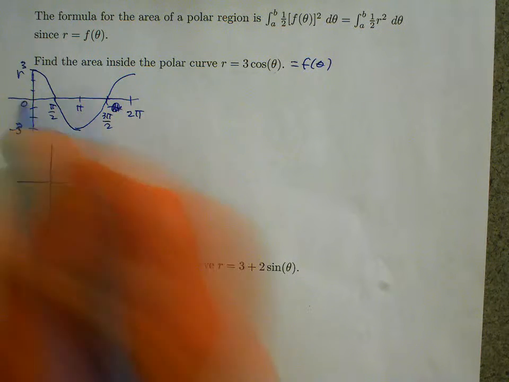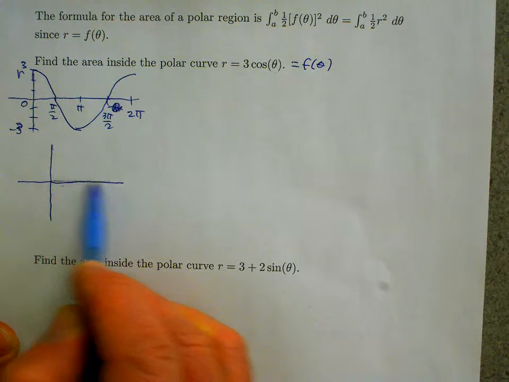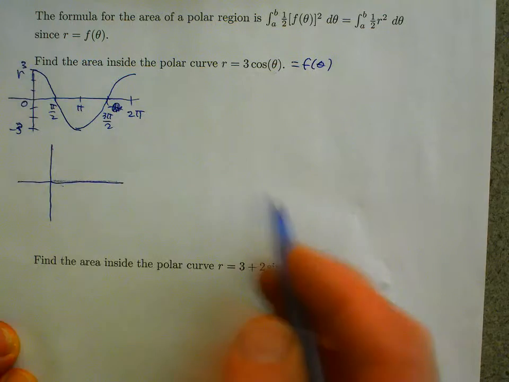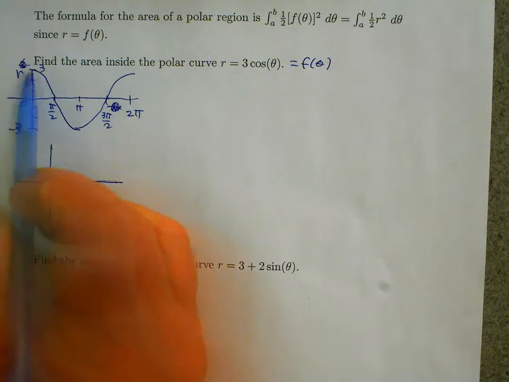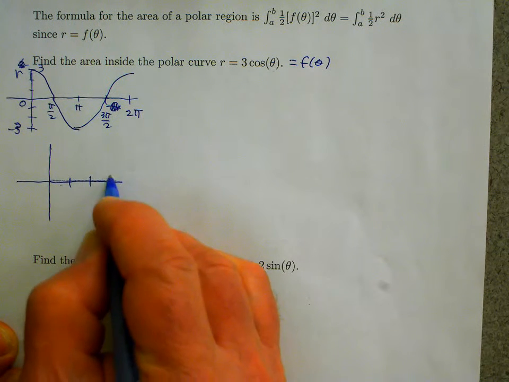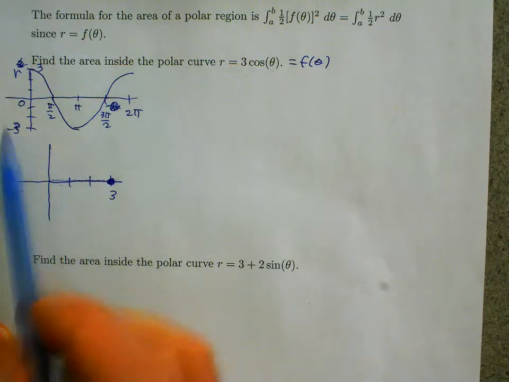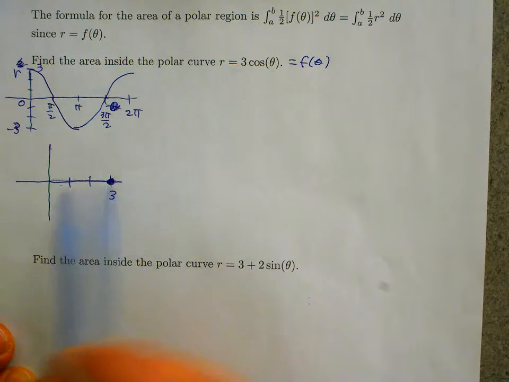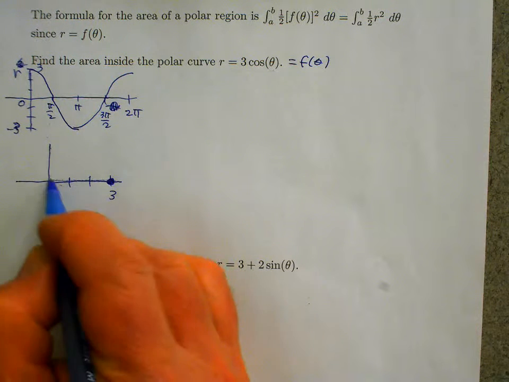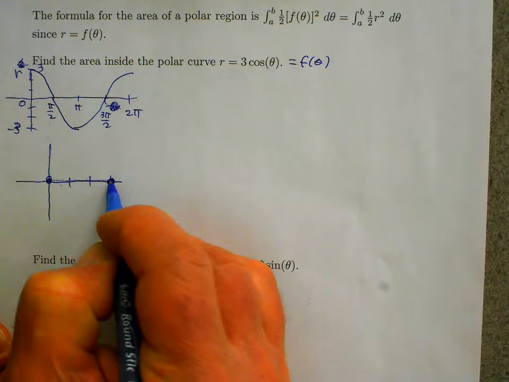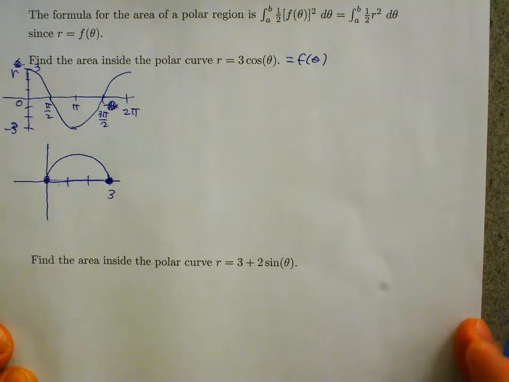So when theta is 0, we're looking at the horizontal to the right. The r value is 3. That's not r to the third, that's 3. So we have this point on the graph. When theta equals pi over 2, we're at the positive vertical axis, and the r value is 0. And in between, it turns out to be a half circle.